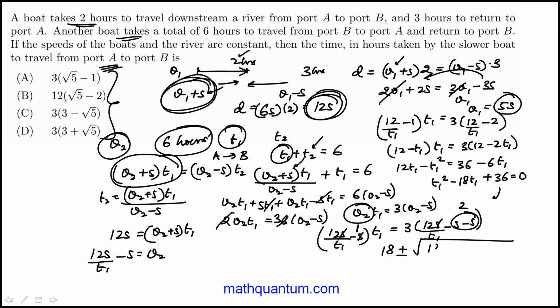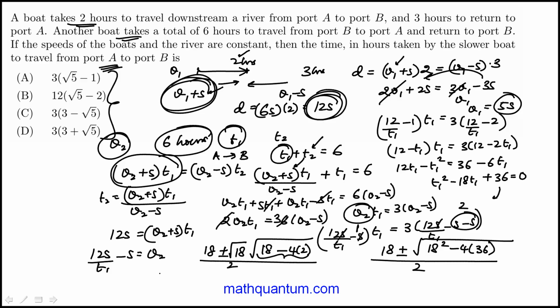So 18, that way I don't have to think too much. B squared minus 4AC, 36 over 2, and then 18 plus or minus, and I can see that I can factor out an 18. So that would be 18 minus 4 times 2, so that's going to become square root of 10 over 2.